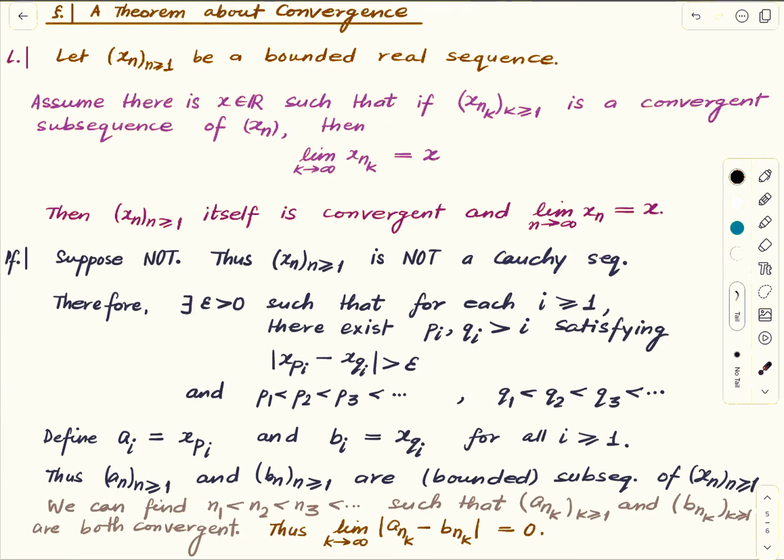So the usefulness or the convenience afforded by Cauchy sequences is that it kind of frees us from dealing with the limit of a convergent sequence. You have a sequence. To decide whether or not it is convergent, you can kind of work within the sequence. You don't have to ask for some real number to which the sequence converges. You can kind of work within the sequence, if that makes sense.